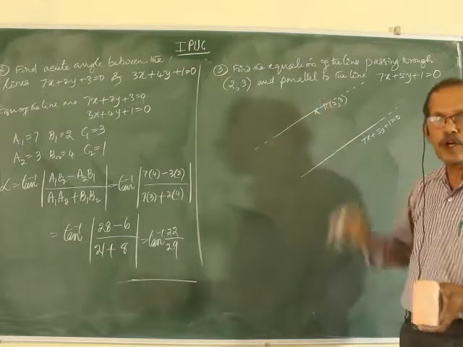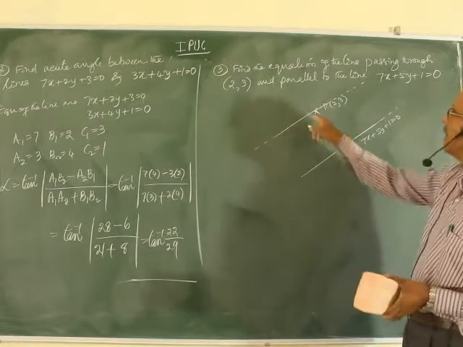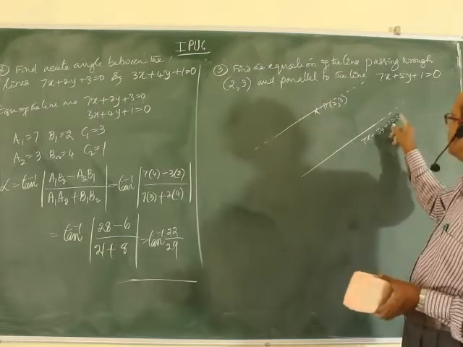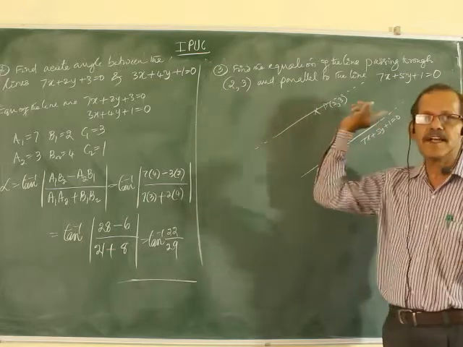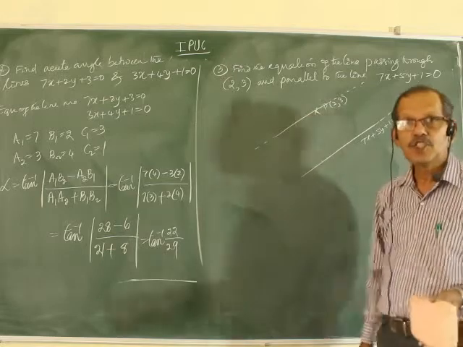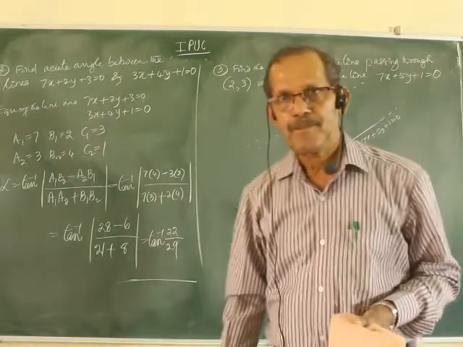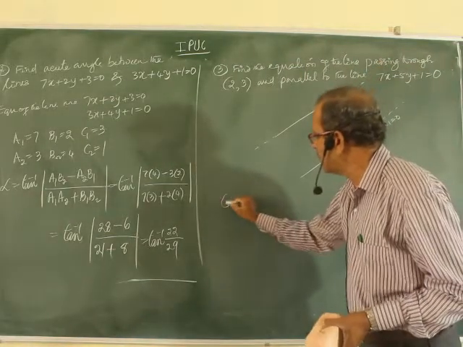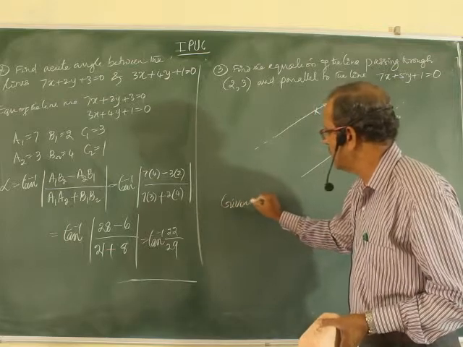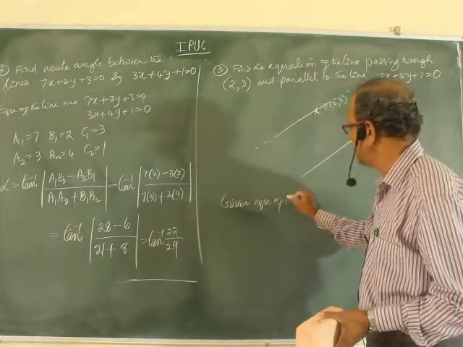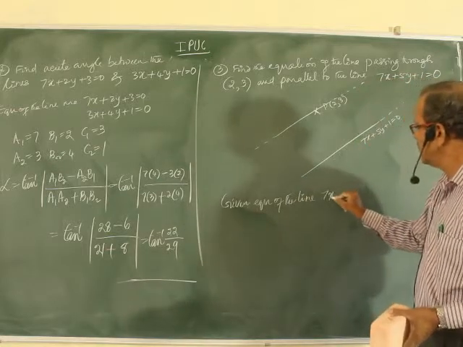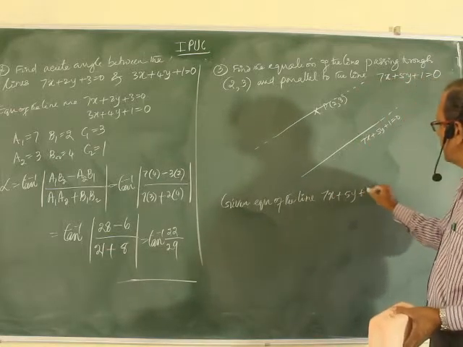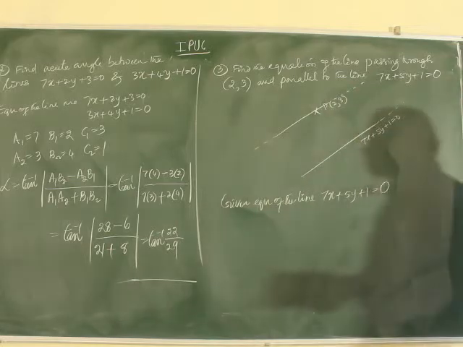But how to find the slope of that line? It is given, see, parallel. So first find the slope of the given line, and write the same slope for the required line also, because they are parallel. Slopes are equal. Right? So, the given equation of the line is 7x + 5y + 1 = 0.